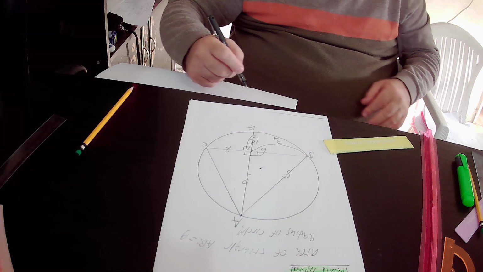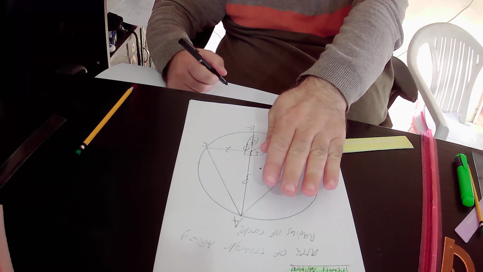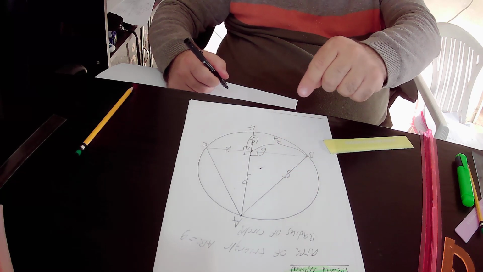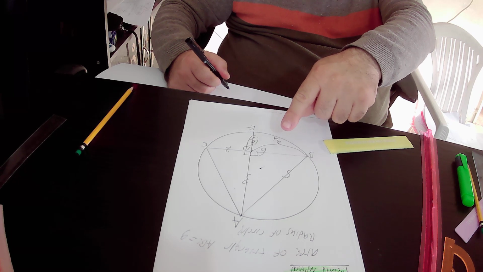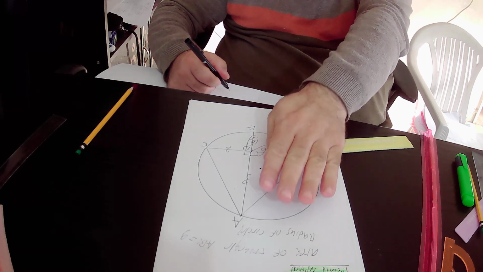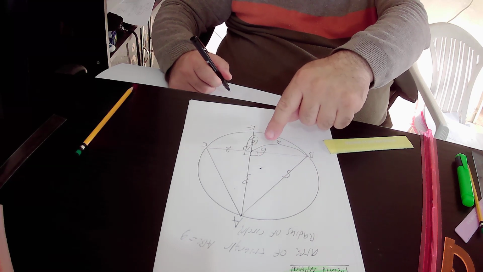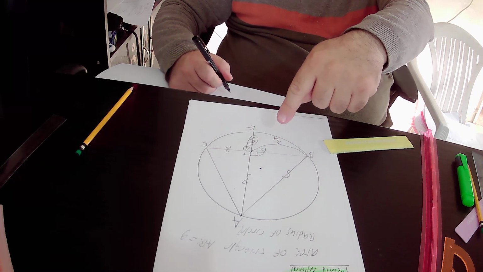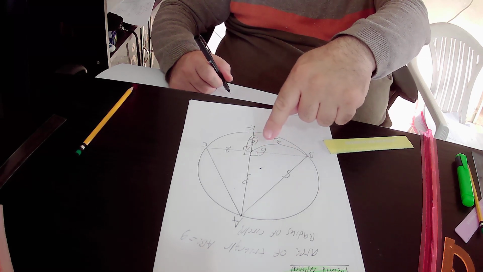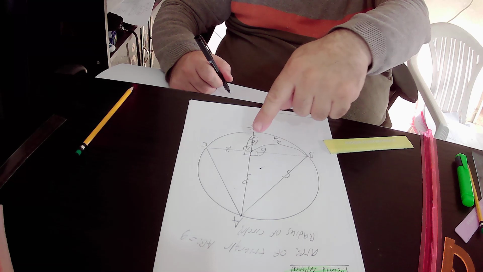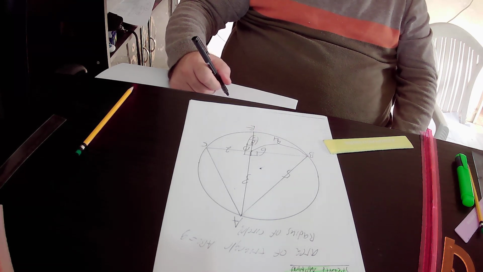Likewise, for the same reason, if we focus on this side of the straight line AE at point D, then the sum of the angles here must be equal to 180 degrees. So which angles do we have on this side? We have here 90 degrees plus angle BDE, in total they must be equal to 180 degrees.